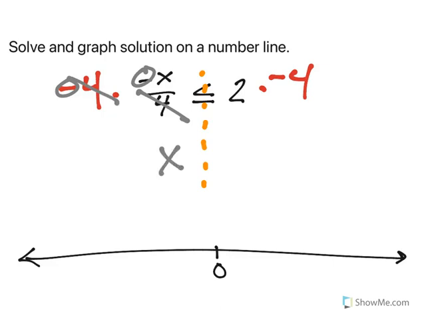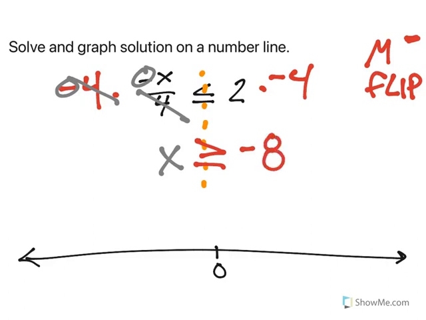But you'll notice, this is why I think it's helpful to show your work, because I am multiplying by a negative, so I need to flip my sign. So instead of less than or equal to, I'm going to have greater than or equal to negative 8.